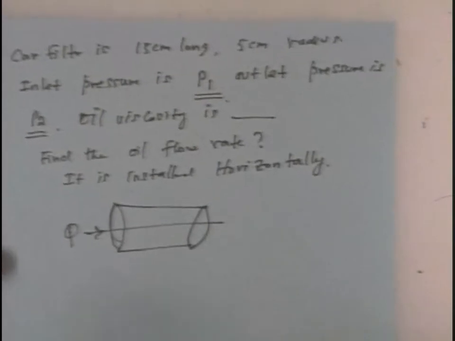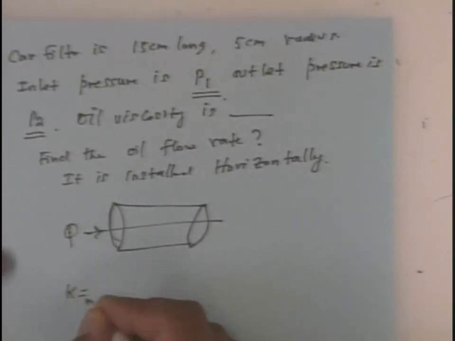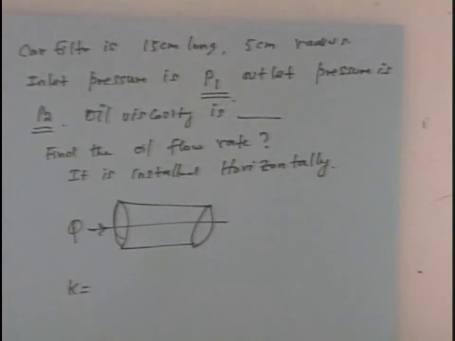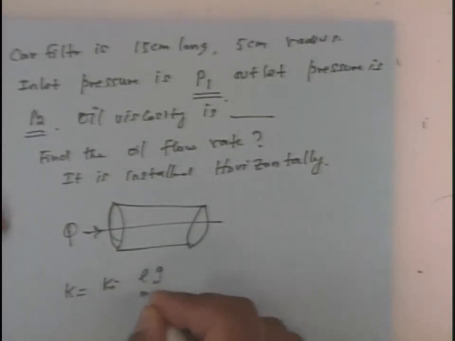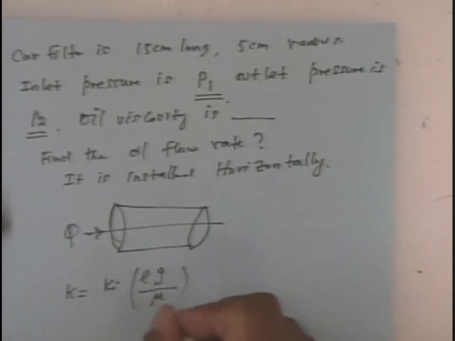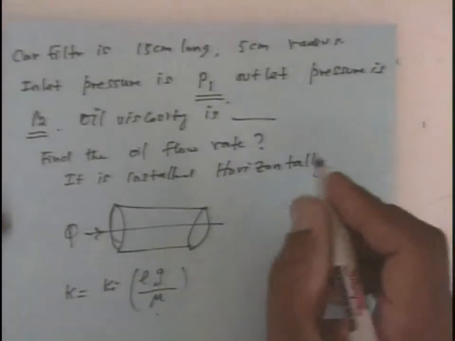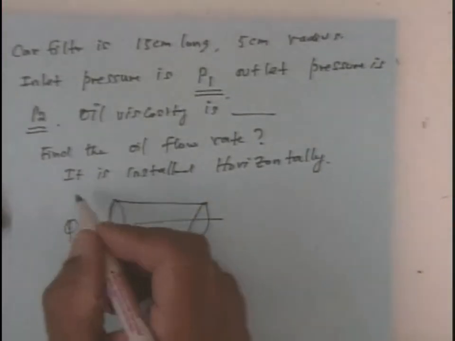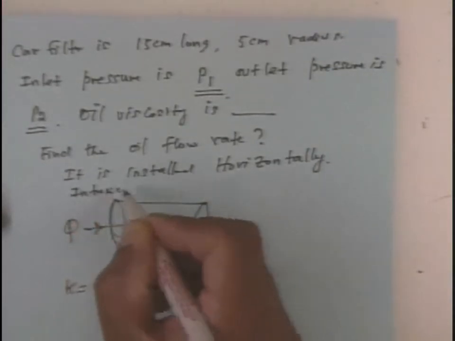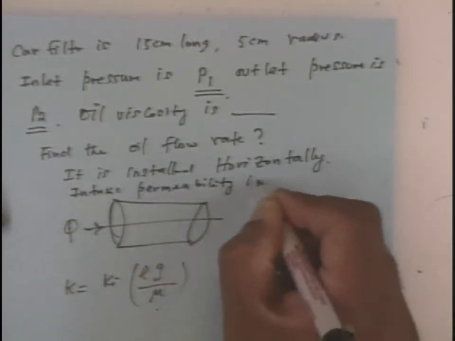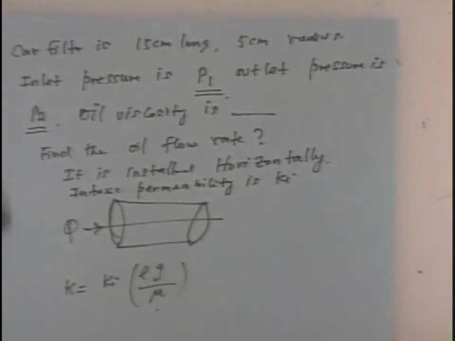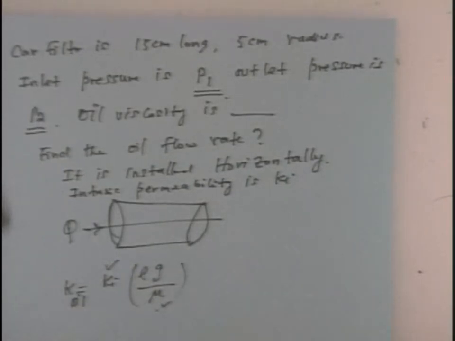Now, since it's a different fluid, you have to use the formula. K is equal to, what is the formula we derived? Ki rho g over mu. So I've given you the viscosity, and I will give the intrinsic permeability Ki, which means you have to find the oil permeability of the filter.